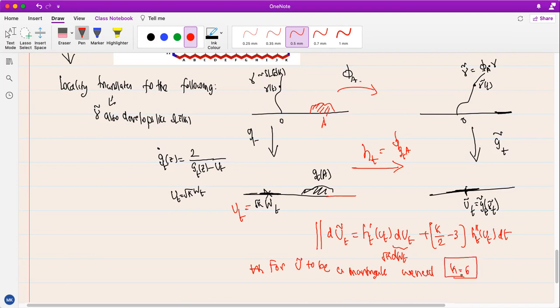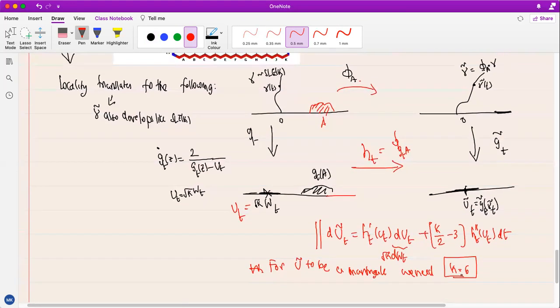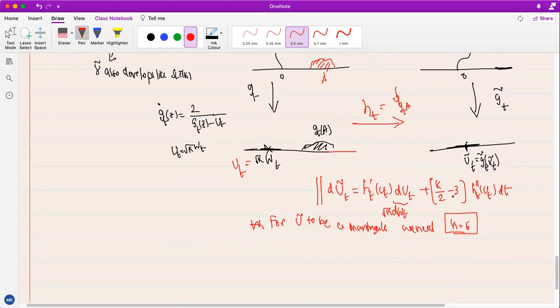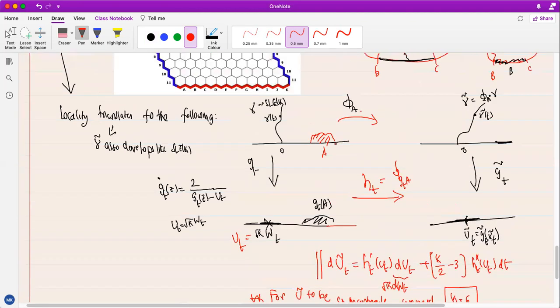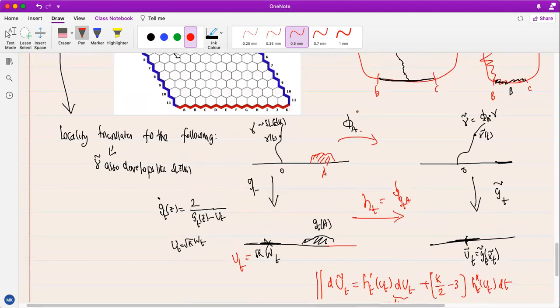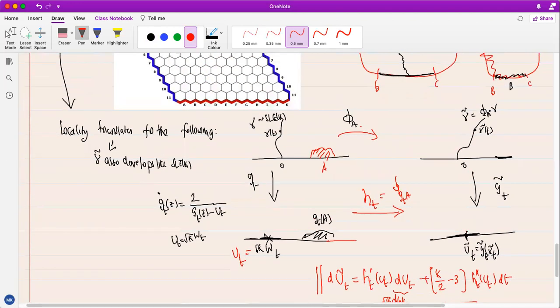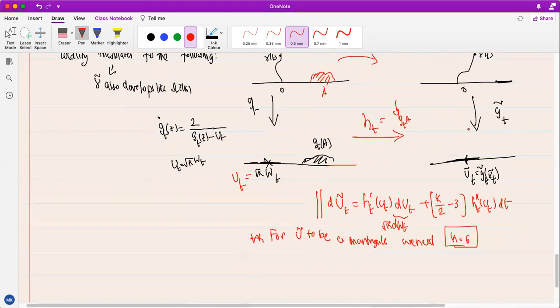I don't know if you call it explanation or calculation, but the conformal image of SLE is not SLE, except only for SLE 6. The precise statement is SLE 6 up to the time it hits A. If it hits A, after that you can't apply. Up to the time it hits A, its image under phi A is also SLE 6.